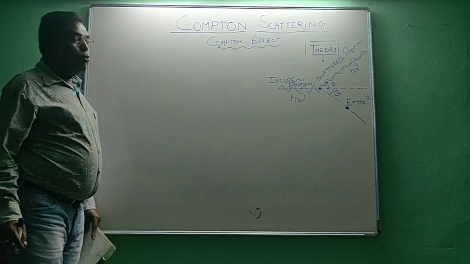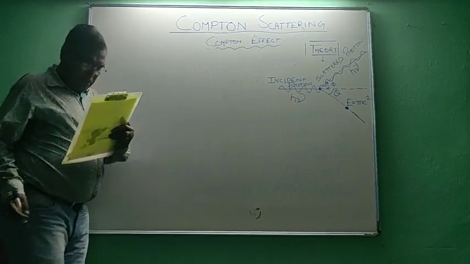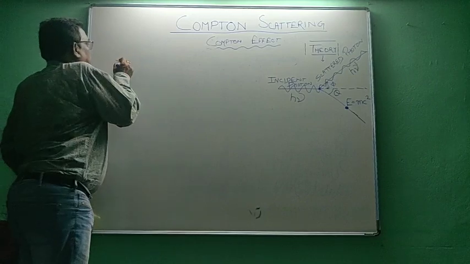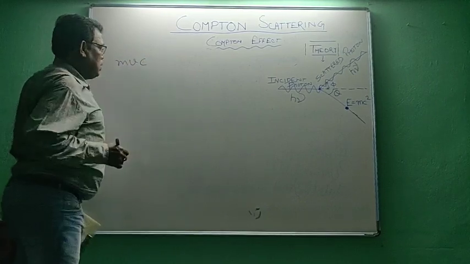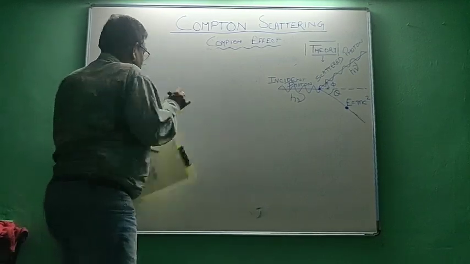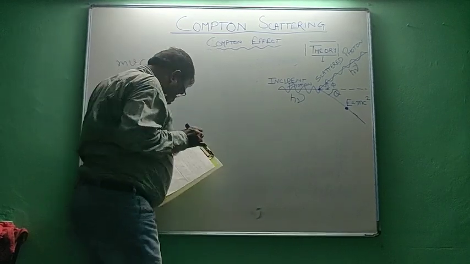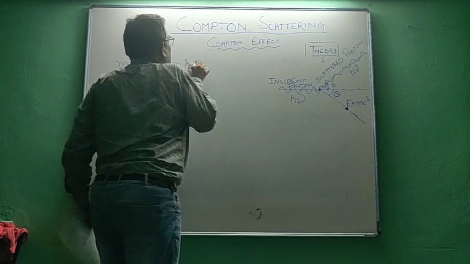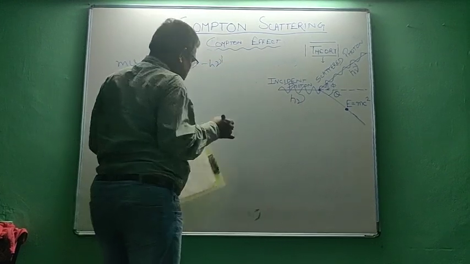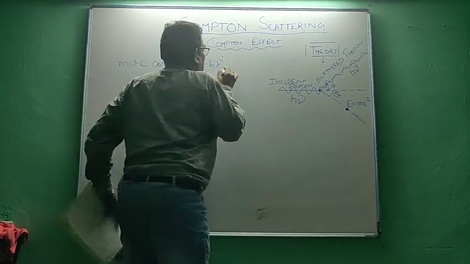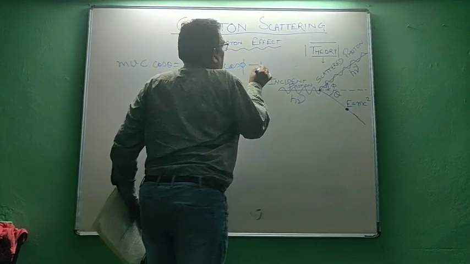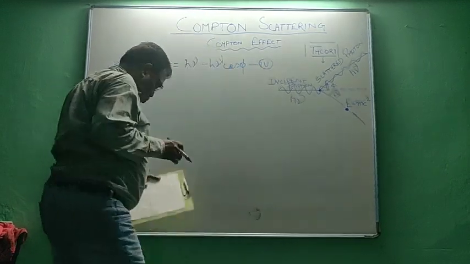Now equation 2 gives, it is clear from equation 2 that m v c cos theta equals h nu minus h nu dash cos phi. It is equation number 4.